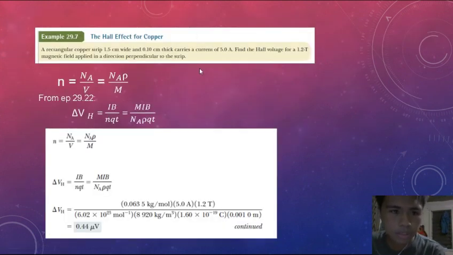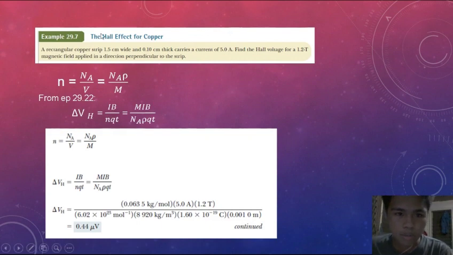So we have an example here, which is the Hall effect for copper. We have a rectangular copper strip 1.7 centimeters wide and 0.10 centimeter thick that carries a current of 5 ampere. Find the Hall voltage for a 1.2 Tesla magnetic field applied in a direction perpendicular to the strip.